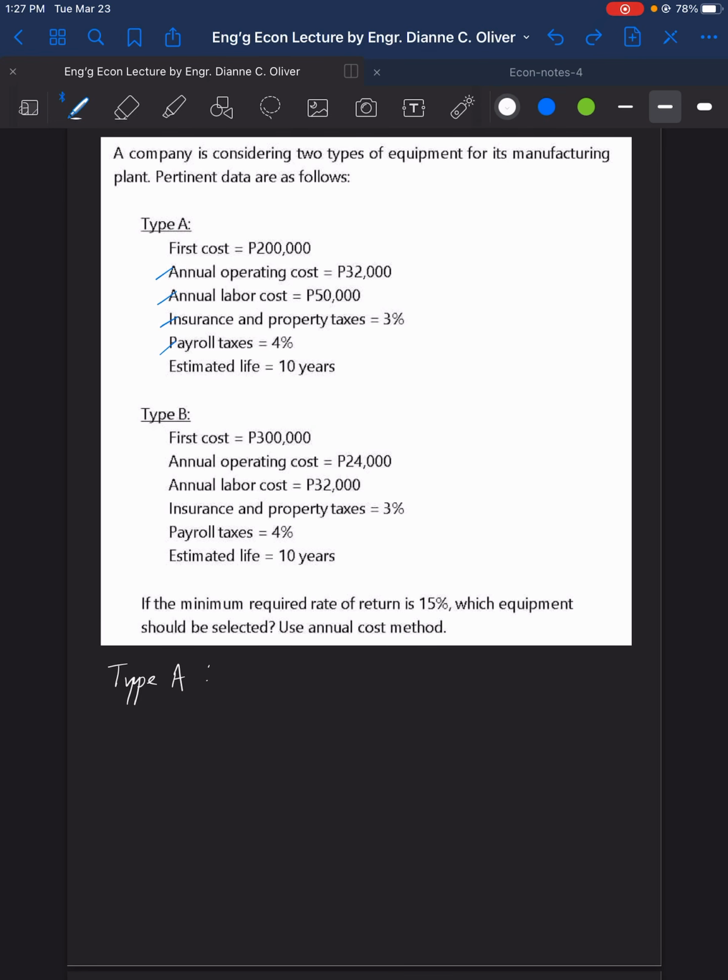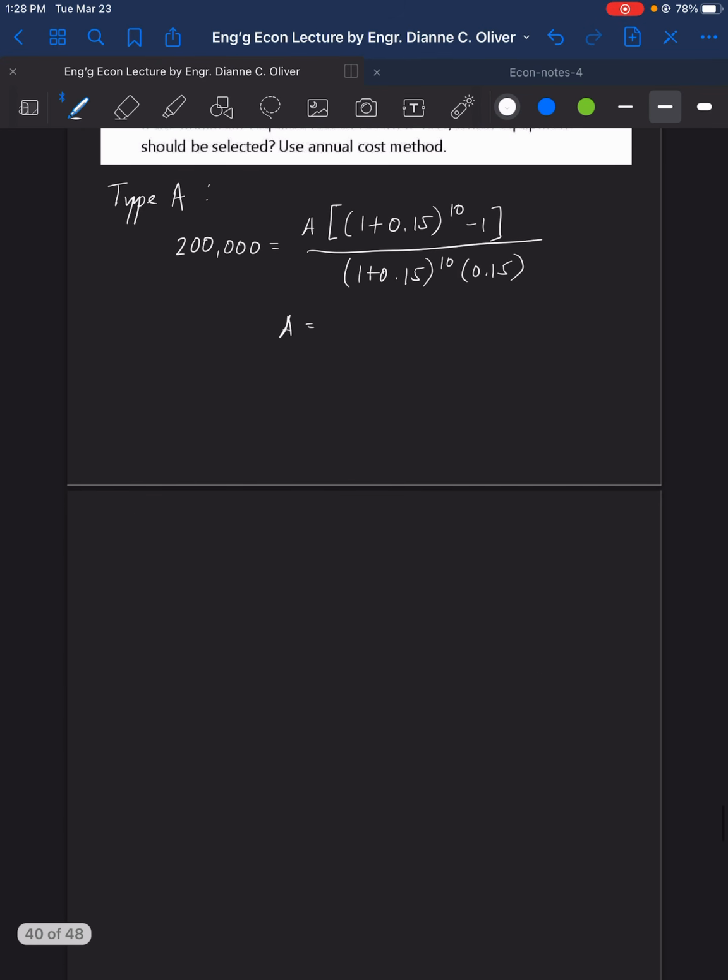Now to do that, remember that the formula for the present worth of an annuity, this is PW, is equal to the annuity times 1 plus 0.15 raised to 10 minus 1 over 1 plus 0.15 raised to 10 times 0.15. So annuity now here is equal to 9850.41 pesos.